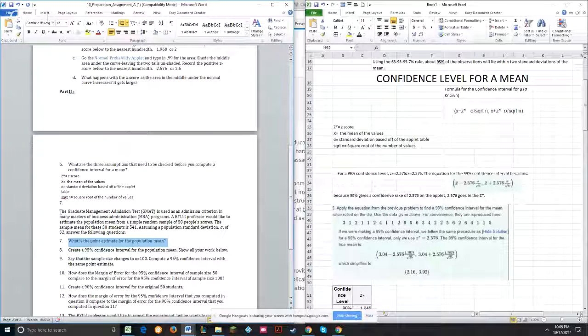Here it's talking about the GMAT scores, and it says a BYUI professor would like to estimate the population mean from a simple random sample of 50 people's scores. The sample mean of these 50 students is 541, assuming a population standard deviation of 32. Answer the following questions.